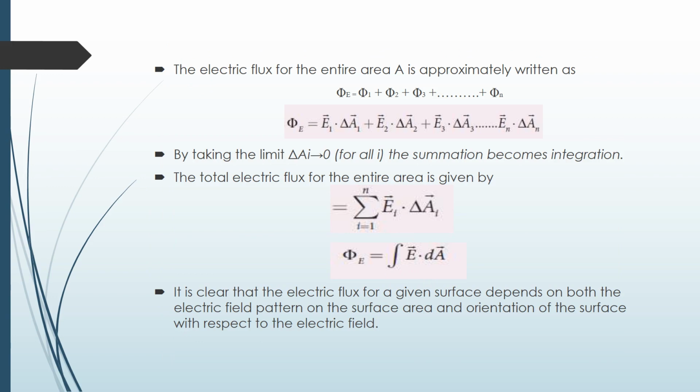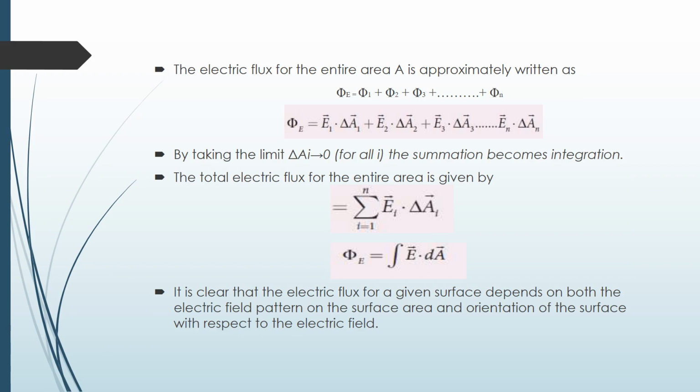Now the electric flux for the entire area is approximately written as can be seen in this equation. The total electric flux is equal to phi1 plus phi2 plus phi3 up to phi n. Since electric flux is a scalar quantity, you can easily add it up.